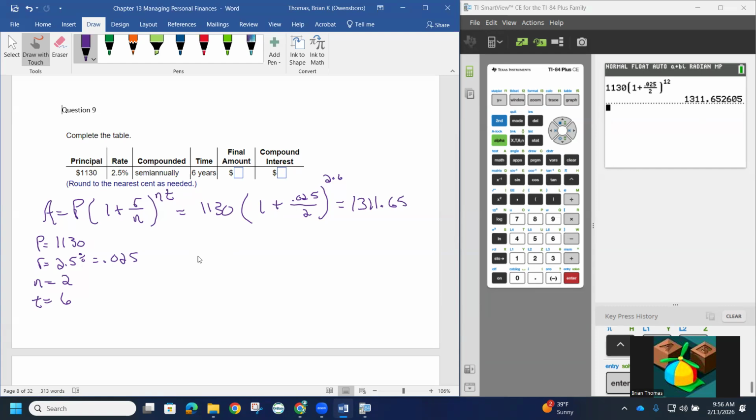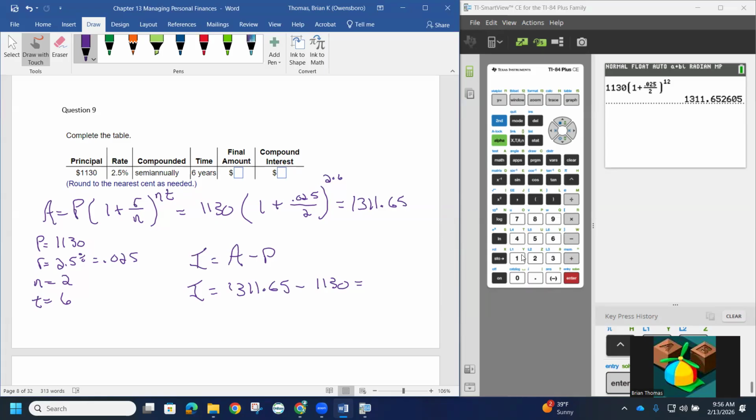Now, my compound interest, so my interest is actually going to be the final amount minus the principal. So the compounded interest is going to be what I ended with, which was $1,311.65. And if I subtract what I borrowed to begin with, my initial amount was 1,130. That should give us how much interest we earned on it or paid on it.